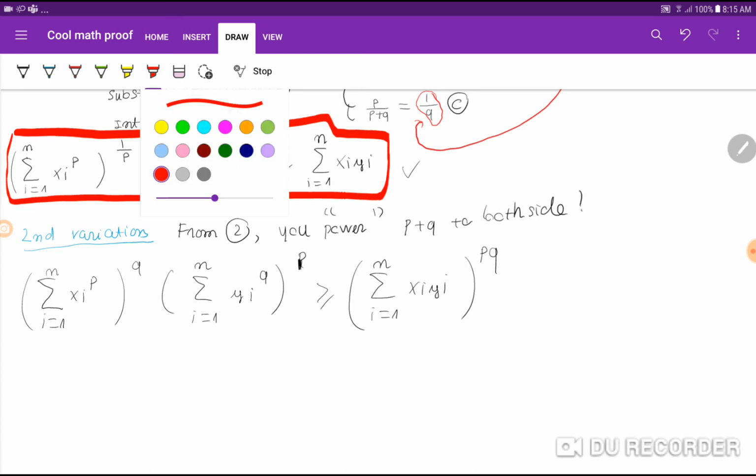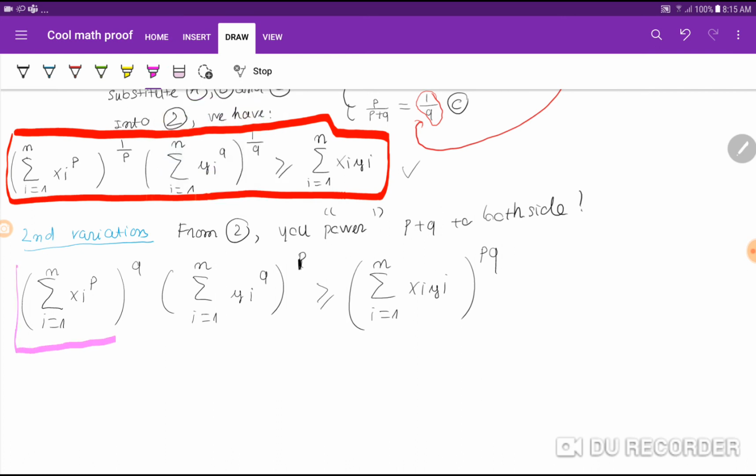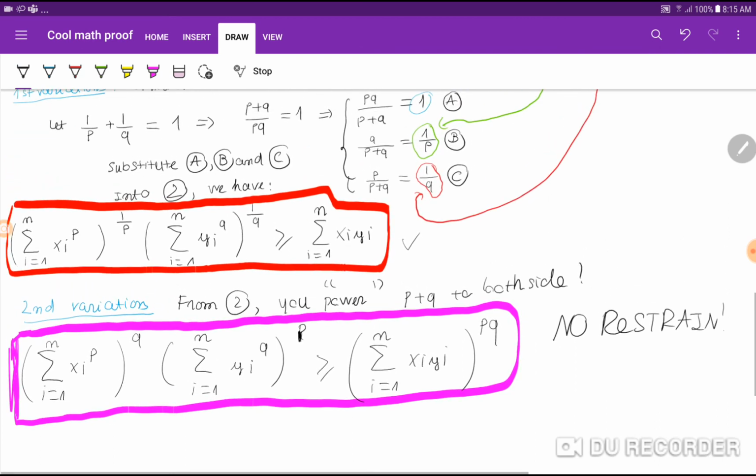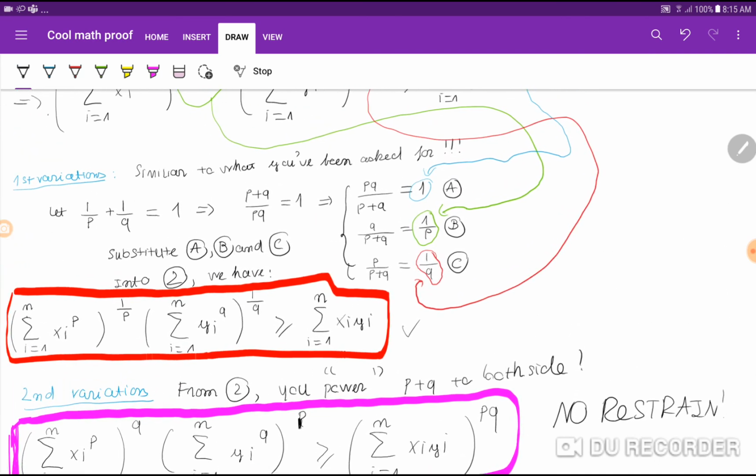So let me plug in, and this has no constraint. The difference between the pink and the red is that the pink one doesn't have any restraint. P and Q can be anything. But in order to use the red, your P and your Q have to satisfy this condition: 1 over P plus 1 over Q equals 1, which is a constraint, right?